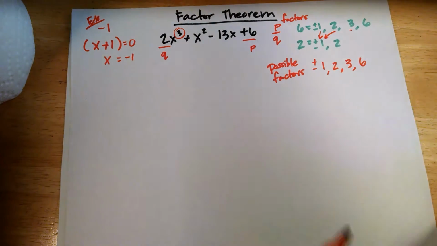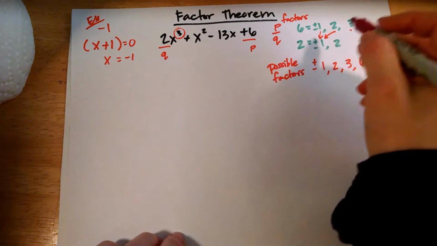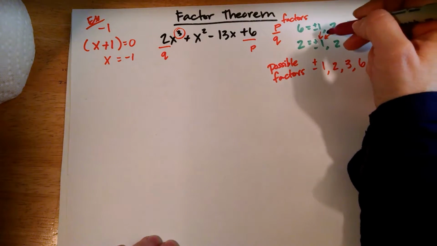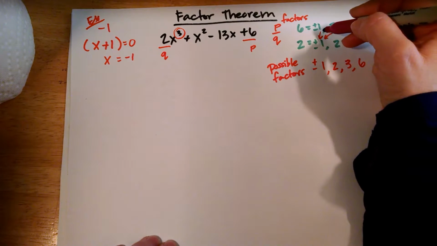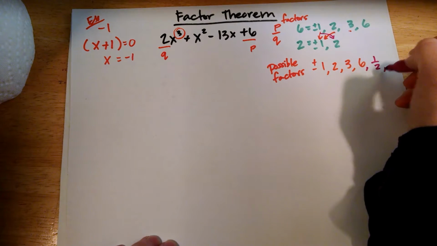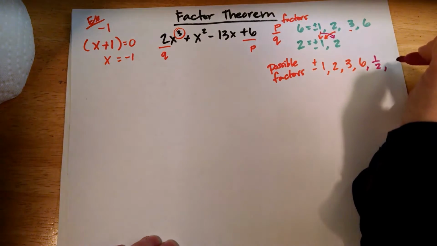I'm still not done because I have to write our factors of P over Q. So I just did factors over 1 of the Q terms. So now I did 1 over 1, and let's do 1 over 2. So I also have 1/2, plus or minus 1/2. And I have 2 over 2, which is 1. I've got that.